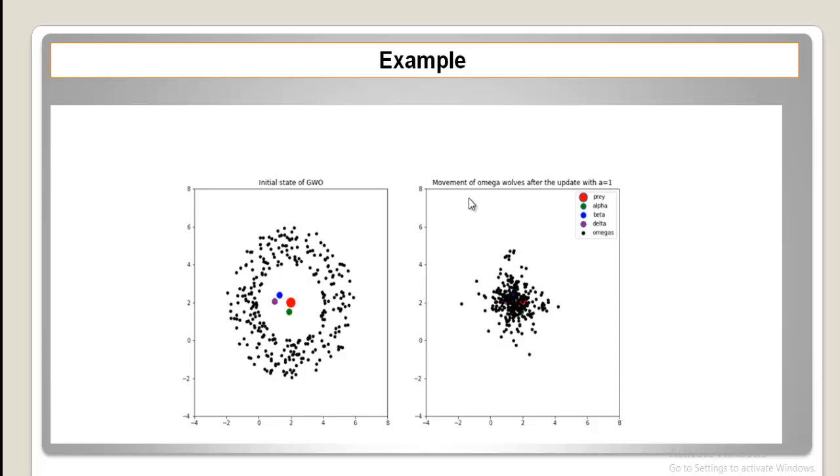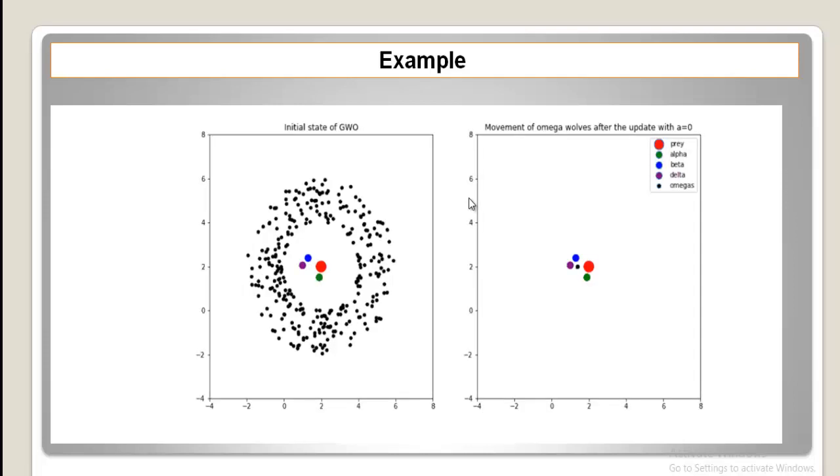In this example, we update the position of all of the agents, and after that we select the new alpha, beta, delta. The convergence of the gray wolf agents might look like what we can see in the image, according to the changing value of A from 2 to 0. It appears that time has progressed within the gray wolf optimization algorithm.